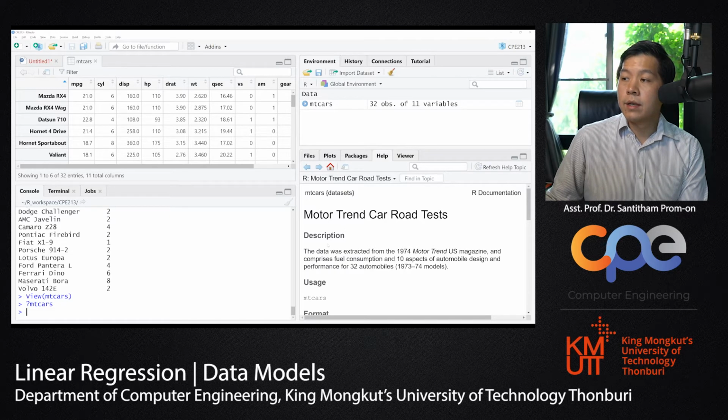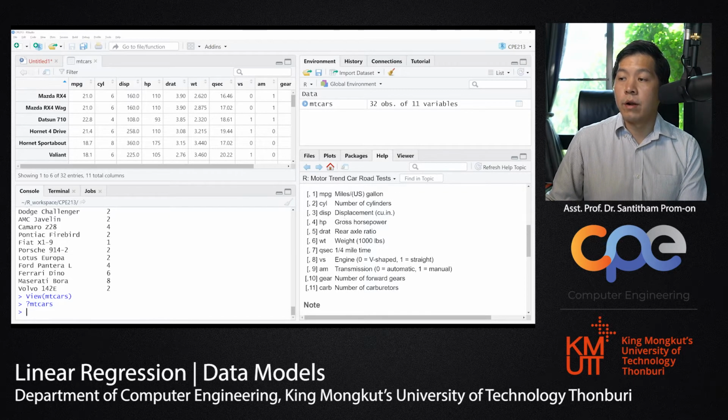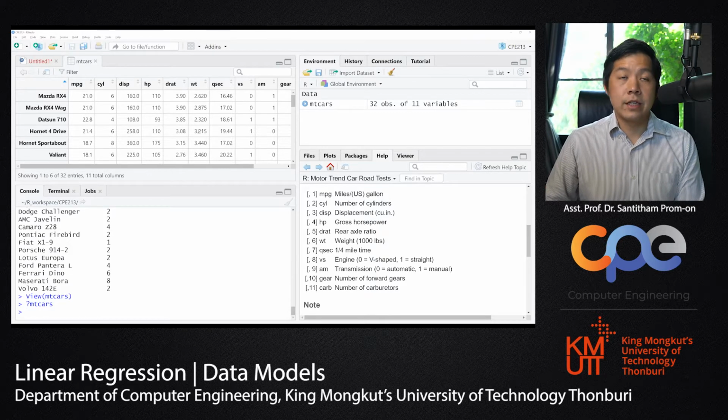It's the Motor Trend Car Road Tests, and there are meanings of each variable, like quarter mile time in seconds, weight in 1,000 pounds, rear axle ratio, horsepower, and so on. And here is the mileage per gallon, MPG, which needs to be assessed using the test. If you were able to predict this value from specification, that would be nice, right? And we are going to look at that.